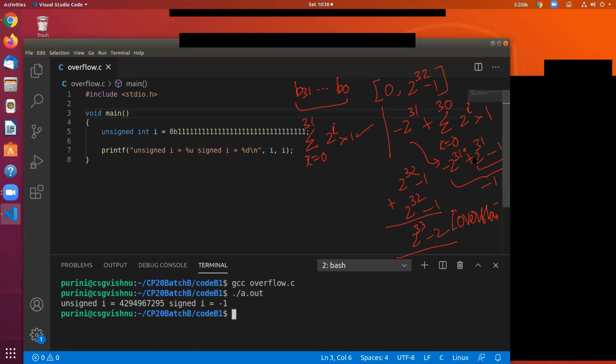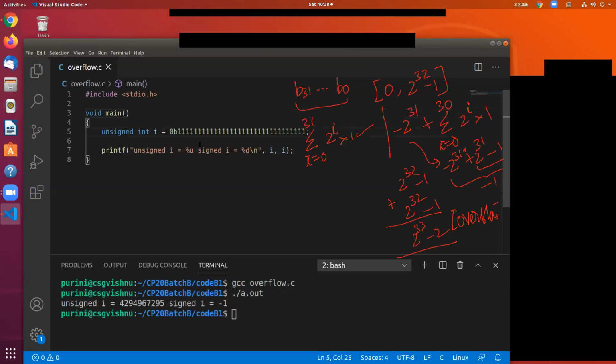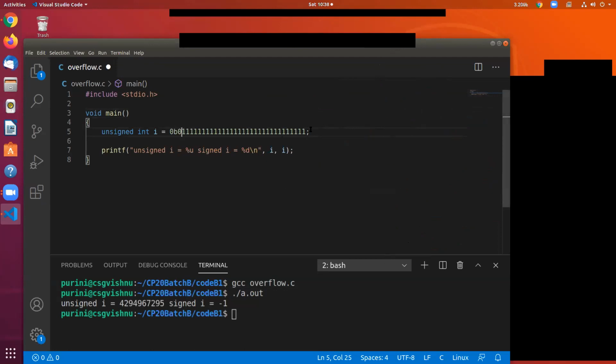In fact, what can happen is, I will give you an interesting example. Let's say you have this much amount of money in your account. This is the amount that you have in your bank account.